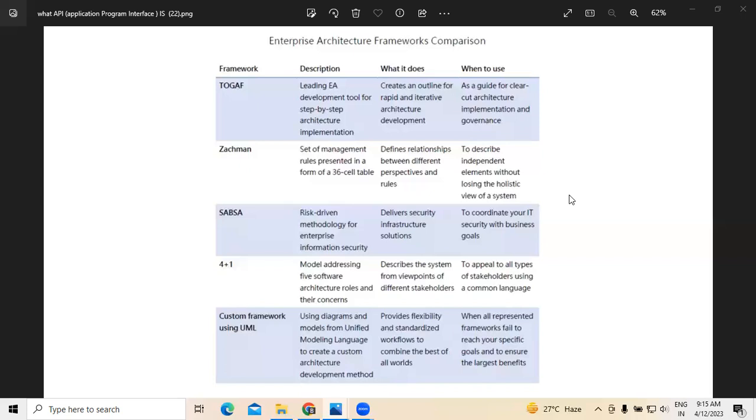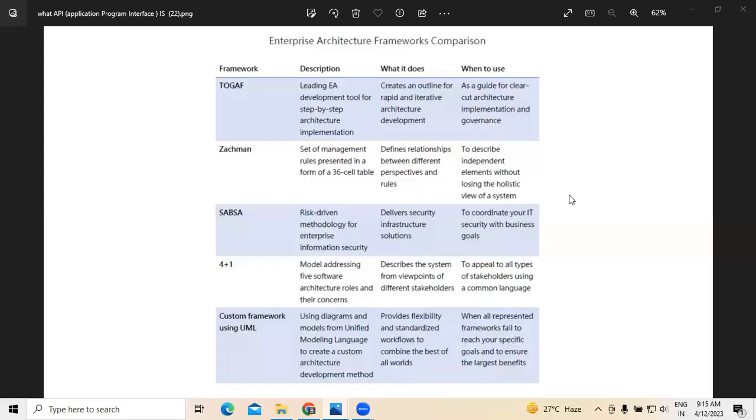Whereas ZACHMAN describes the independent elements without losing the holistic view of the systems. And SABSA is to coordinate IT security and business goals, which must be integrated for the long-term benefit of the application.